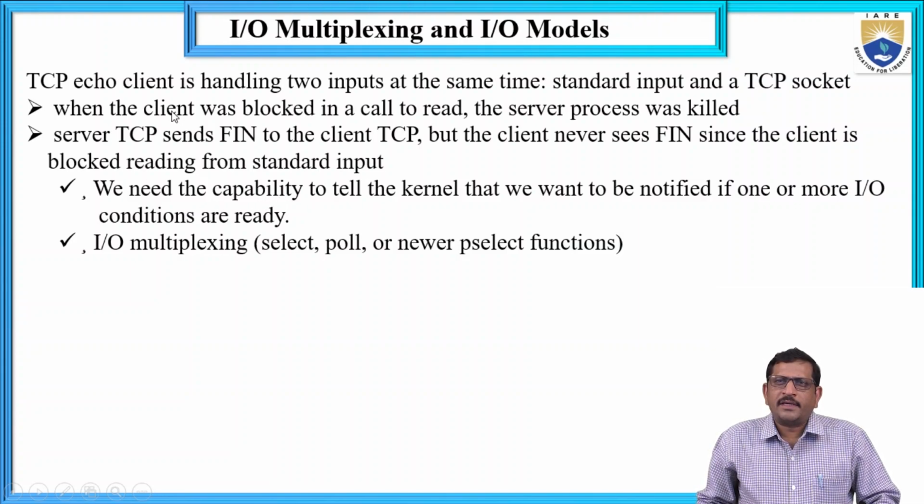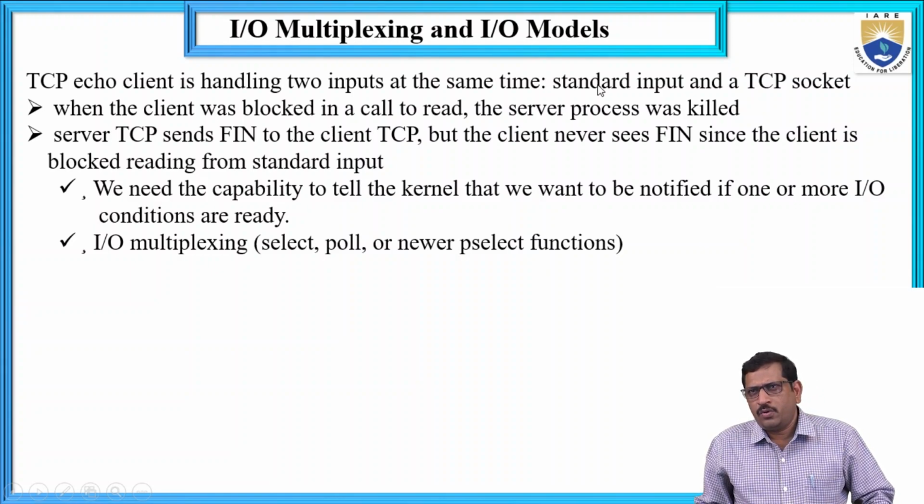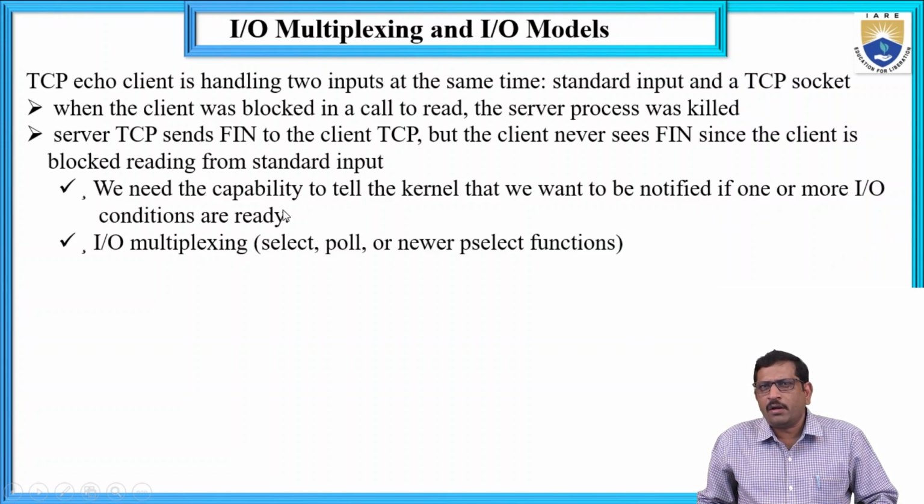So we need the capability to tell the kernel, that is the operating system kernel, that we want to be notified if one or more input output conditions are ready for performing the process.